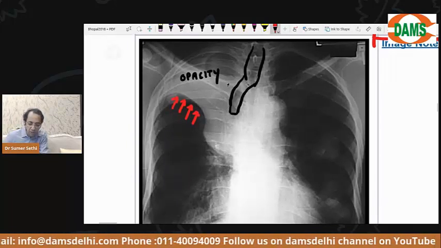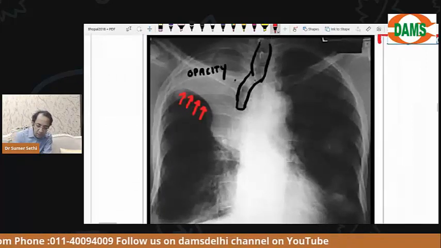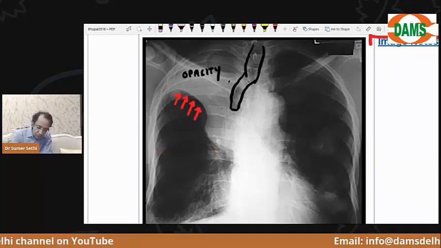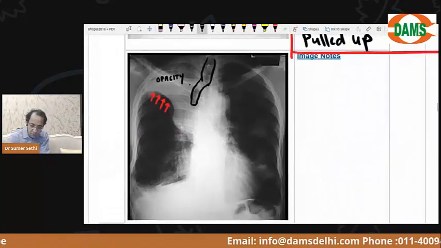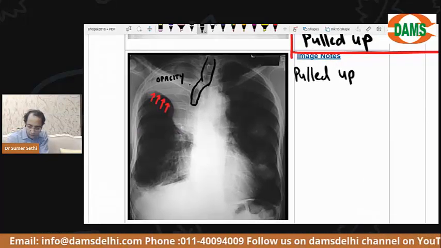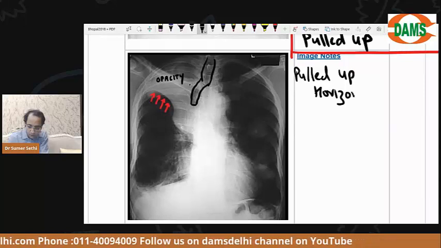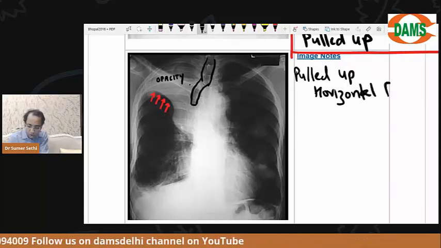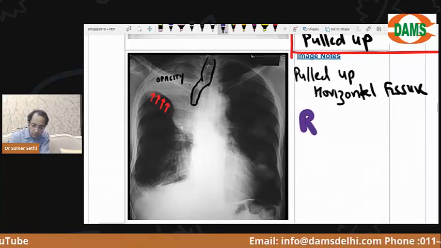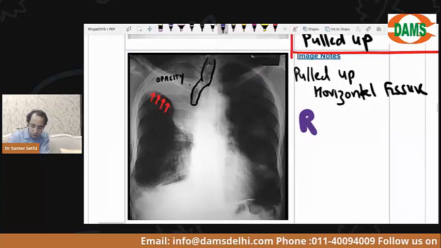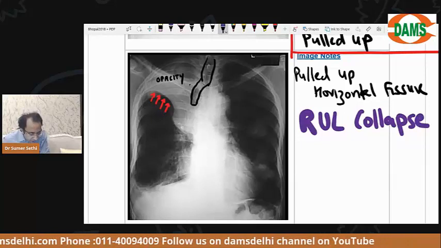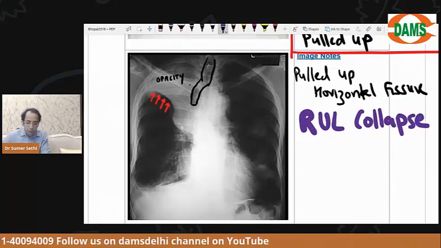This must be the fissure. But the fissure should have been here. It should be horizontal, straight. So if this is the fissure, what has happened to it? The fissure is pulled up. So what do you think we are looking at? Again, I think I am looking at right upper lobe collapse.